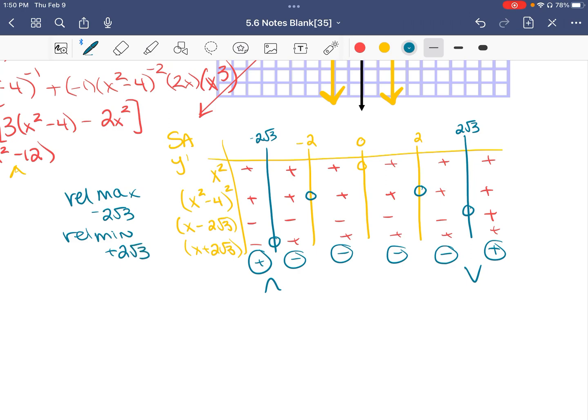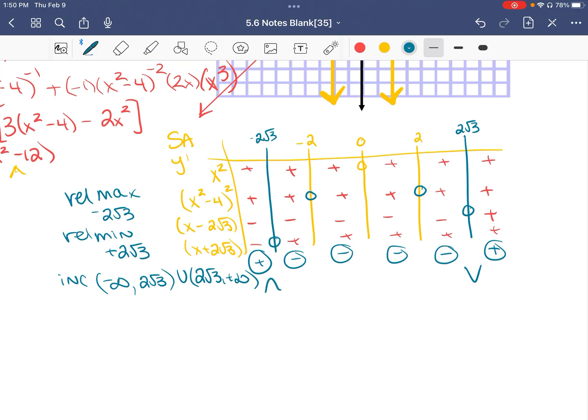We then also are increasing from negative infinity to negative 2 root of 3, and from 2 root of 3 to positive infinity.